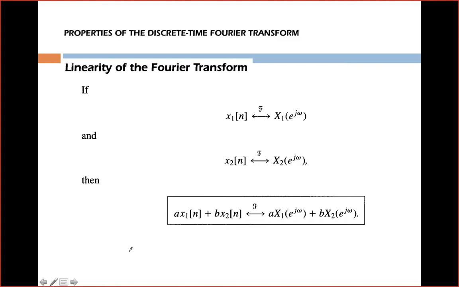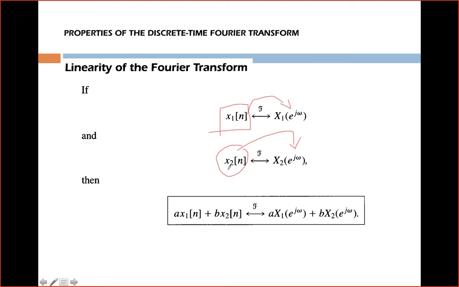Linearity property says a linear combination of two different inputs leads to a linear combination of two different transform domain signals. For example, when x1 is the input signal, the DTFT of x1 is X1 of e power j omega, and for x2 of n, it is X2 of e power j omega.